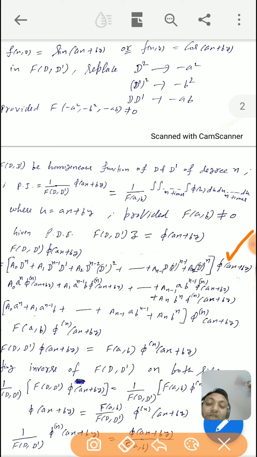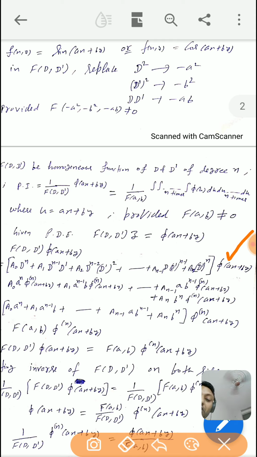D means the partial derivative with respect to x, that is del by del x. D dash means the partial derivative with respect to y, that is del by del y. So D power n means differentiating partially with respect to x n times.